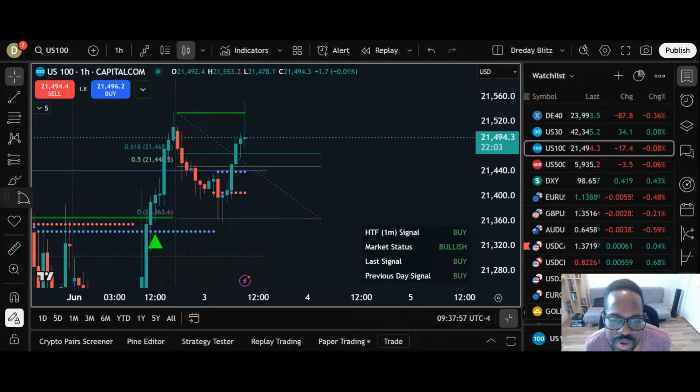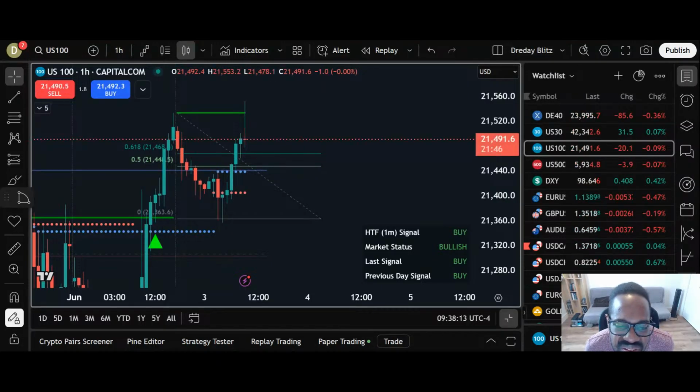So if it's lower, it's going to be negative here in regards to the job, and that excludes the non-farm jobs.